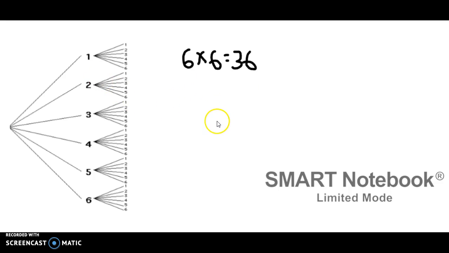Think of each slot here representing how many outcomes there are for each die. For the first die, as we said, there are 6, and for the second there are 6. That's how we got 6 times 6 is 36 here. So after 2 dice are rolled, we have 36. But then for the third die, there are also 6 outcomes. And then lastly, for the fourth die, there are 6 outcomes.